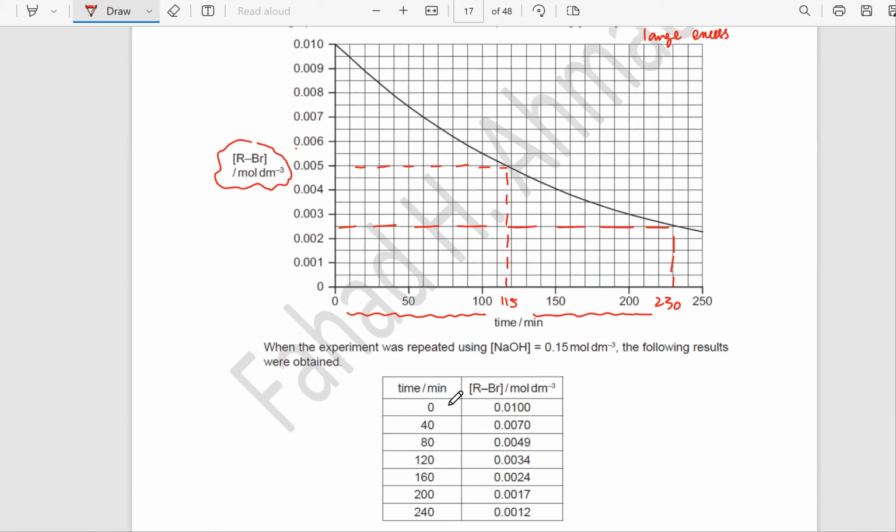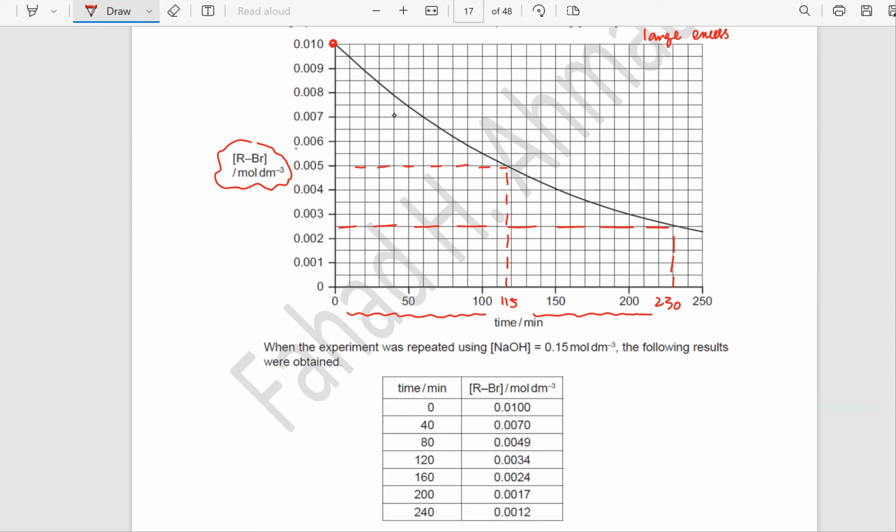So 0 पे it's 0.010. So the starting point is the same. 40 पे it's 0.07.